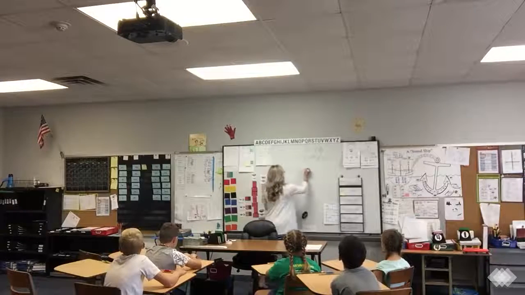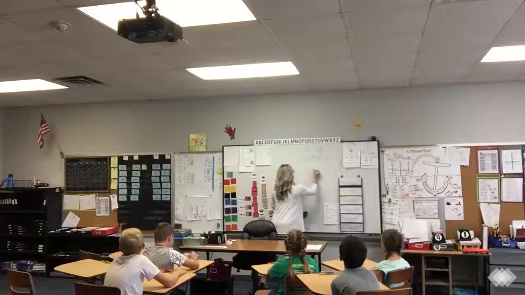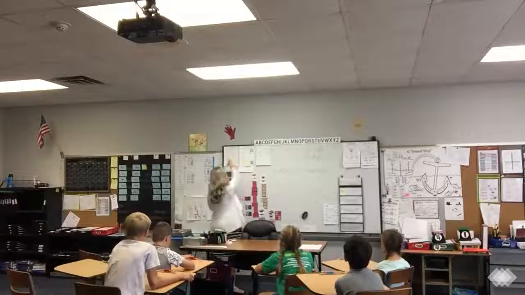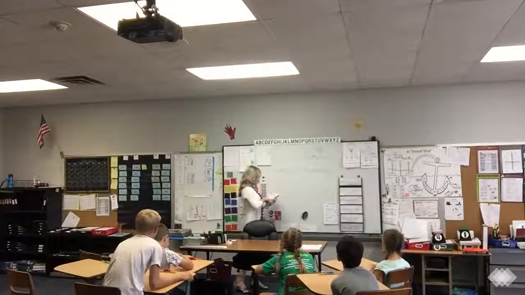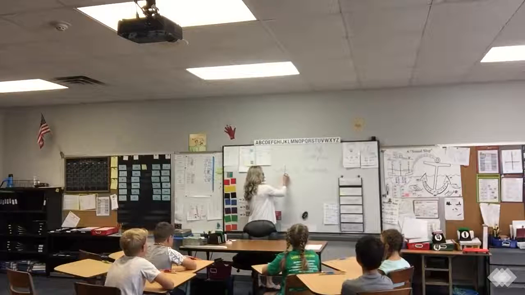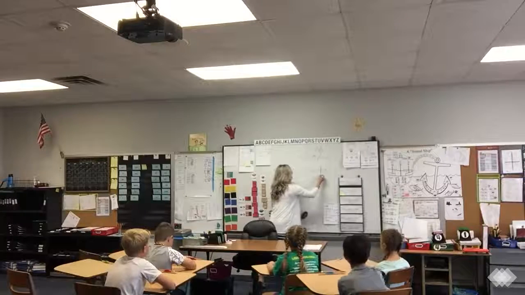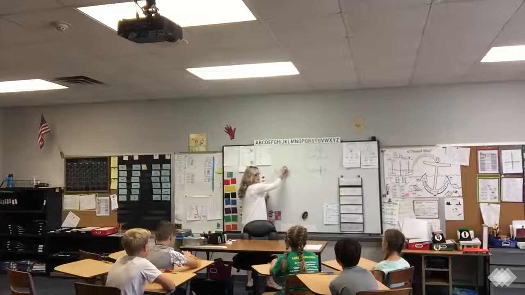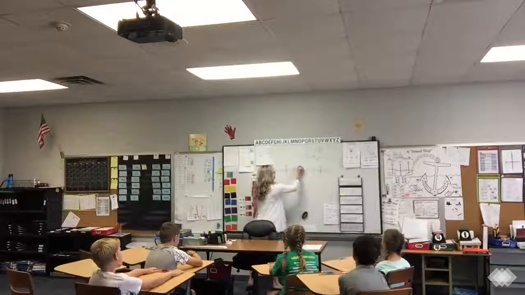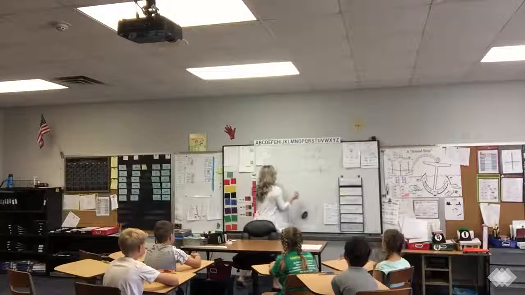Okay, so we have learned two ways to divide a two-syllable base word, haven't we? Two different ways. We're going to divide before the consonant and after the consonant. Accent the first syllable, no accent on the last syllable.